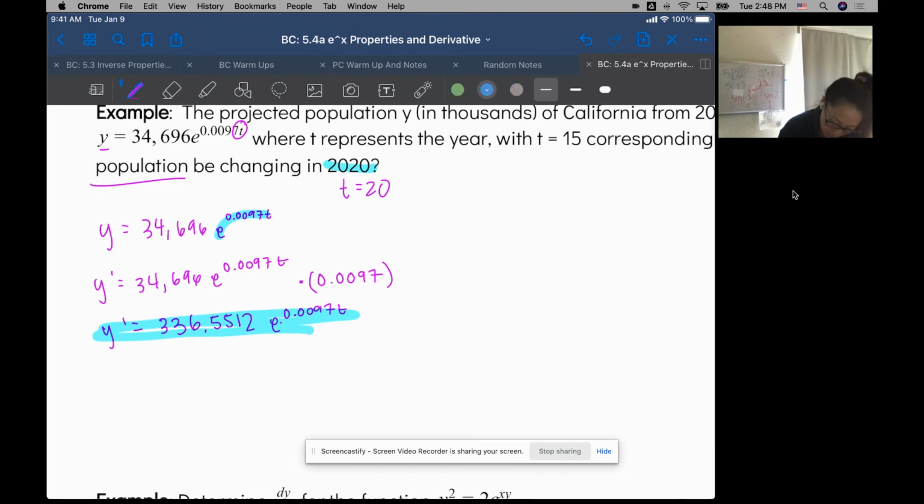And then I want to evaluate y prime of 20. So 336.5512 e to the 0.0097 times 20.